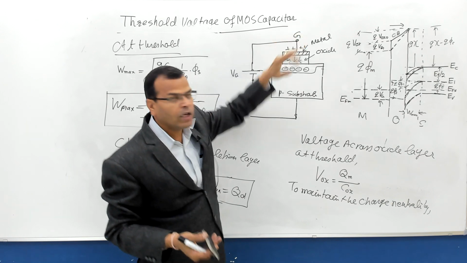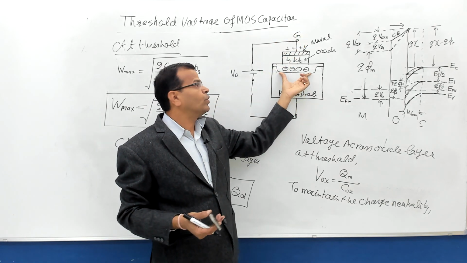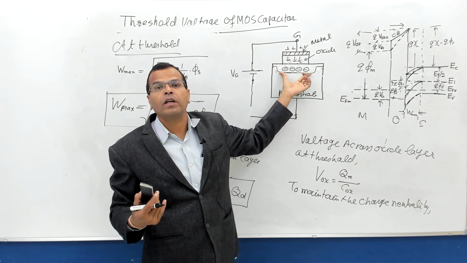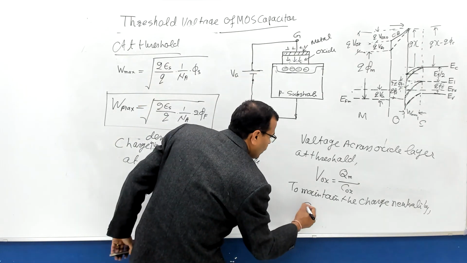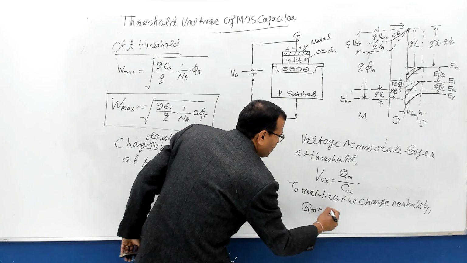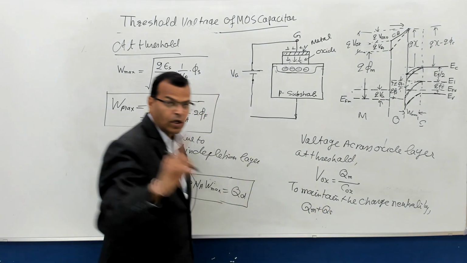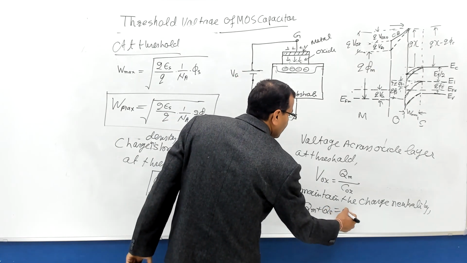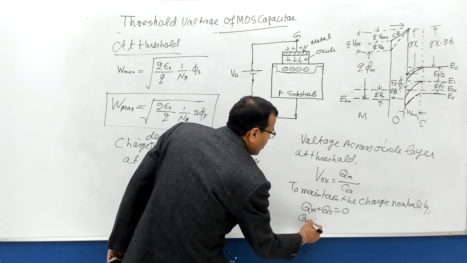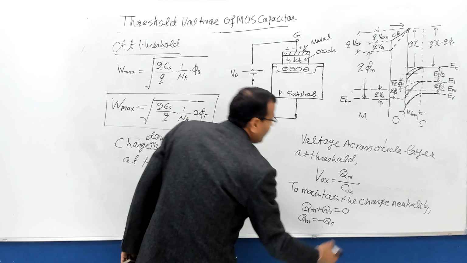Total positive charge on the metal will be equal to total negative charge in the depletion layer to maintain the charge neutrality. So Q gate plus QS, the charge on the substrate, is equal to 0. So QM is equal to minus QS.